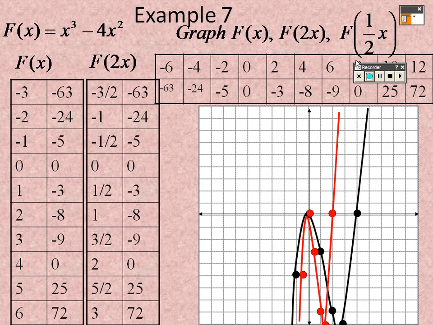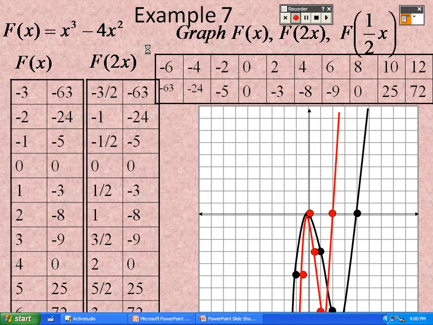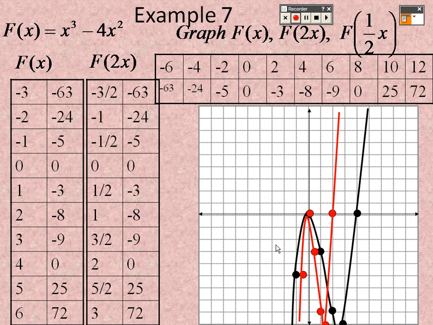If I had the half, I took all my x's right here, and I divided them by 2. Divided them by a half. Well, -3 divided by a half is like saying -3 times 2. So -3 times 2 is -6, so I'm really multiplying everything by 2. That's why it's made it wider.